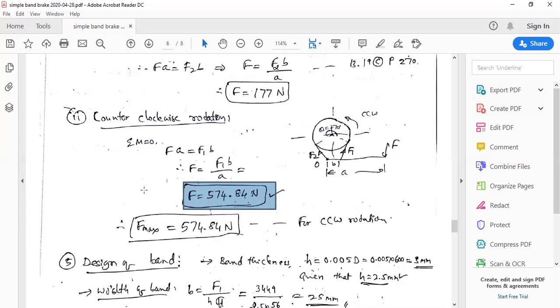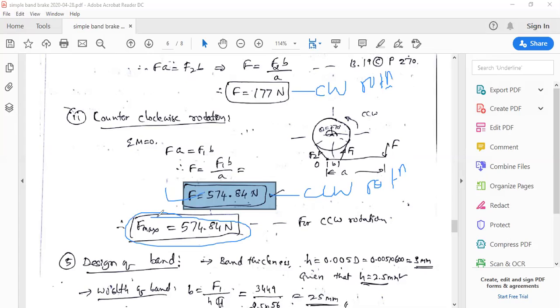Comparing both values of F, this one for clockwise rotation and this one for counterclockwise rotation, this value is greater. So you have to consider this value as the maximum force, which is required at the end of the lever to apply the brake.